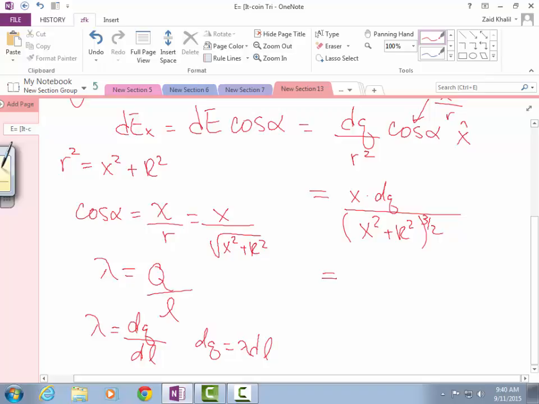What we end up with is x times lambda dl over x squared plus r squared to the 3/2. And the question is, does dl depend on x or big R?